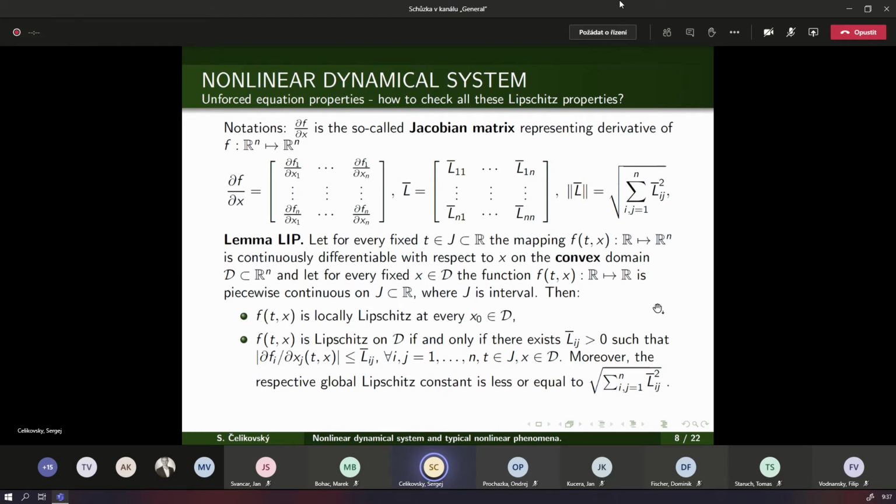Then we may claim that this is locally Lipschitz at every x0 from D.